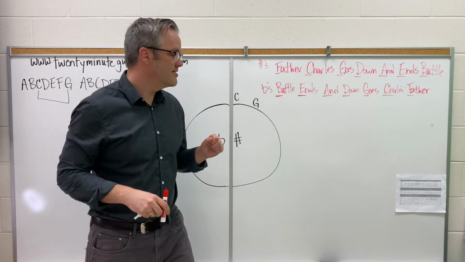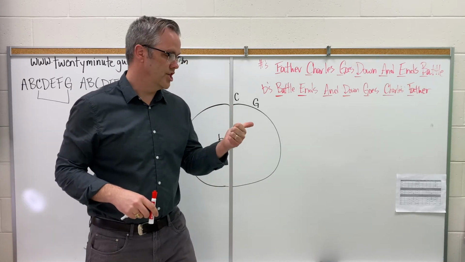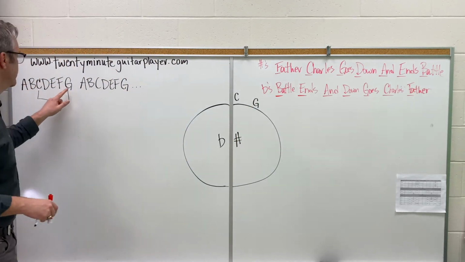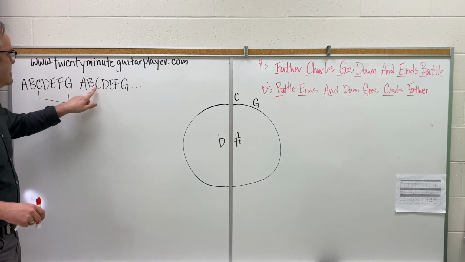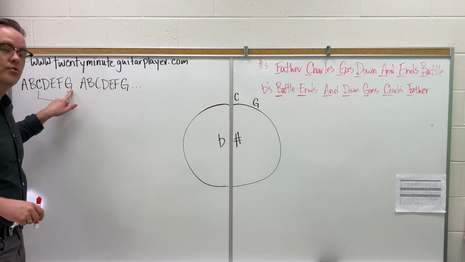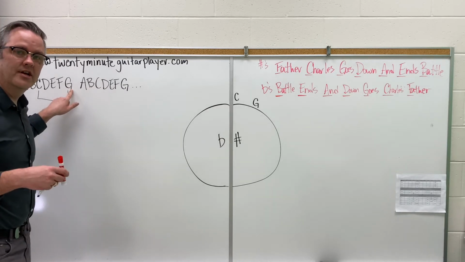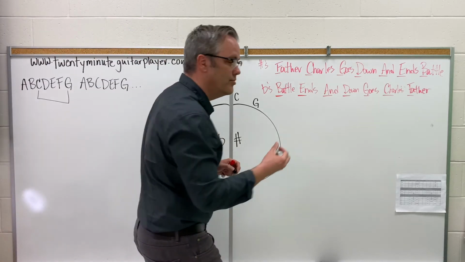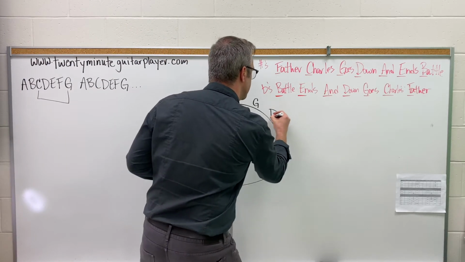So what's 5 away from G? G, A, B, C, D. Always count 1 for the key you're starting on. So D is 5 away from G. So let's put D down.